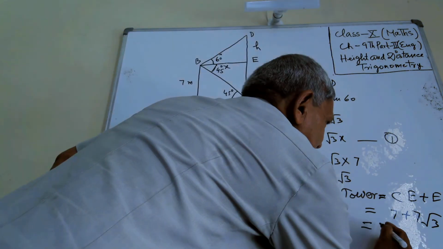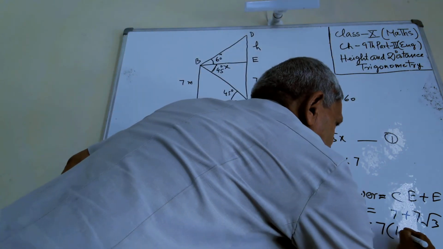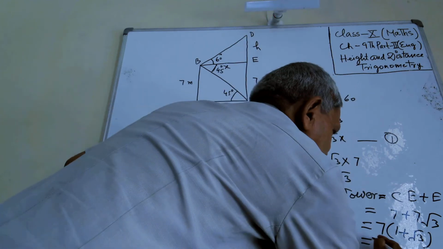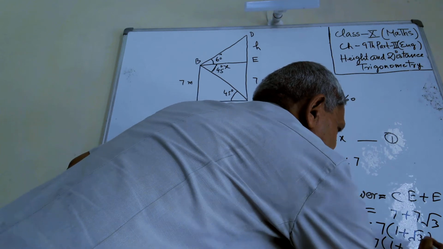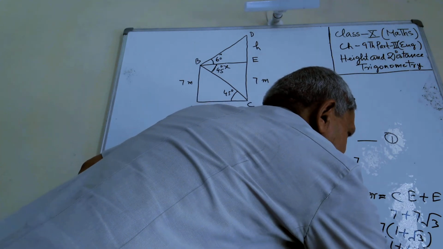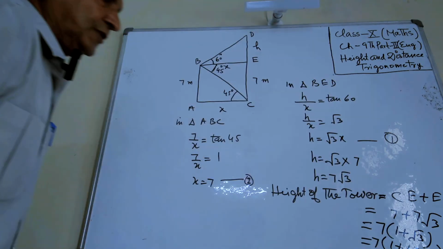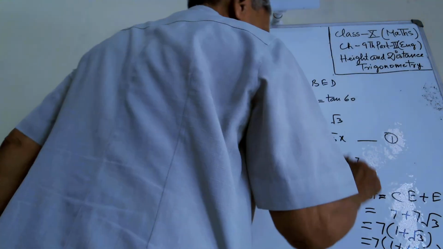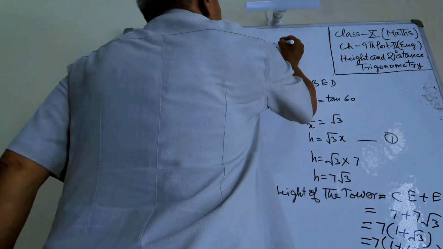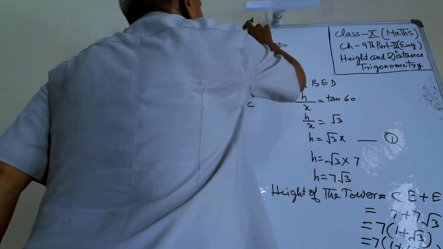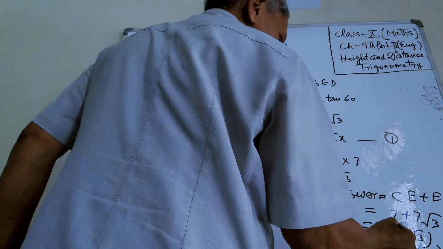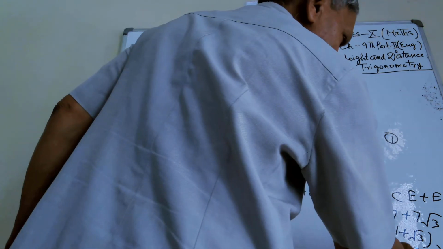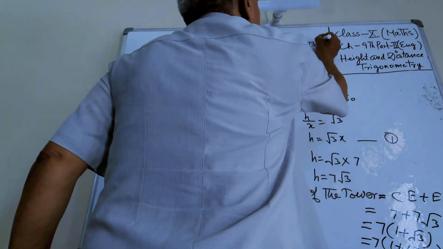Now this is 7 common, 1 plus root 3. 7 into 1 plus root 3, where root 3 is 1.732. Here CD is equal to 7 into 1 plus 1.732, which is 2.732.